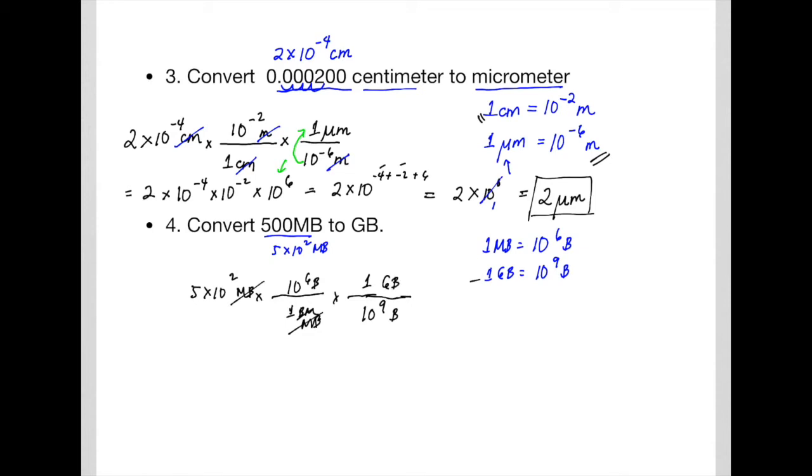And therefore, our final answer is 5 times 10 raised to 2 times 10 raised to 6 times 10 raised to negative 9.